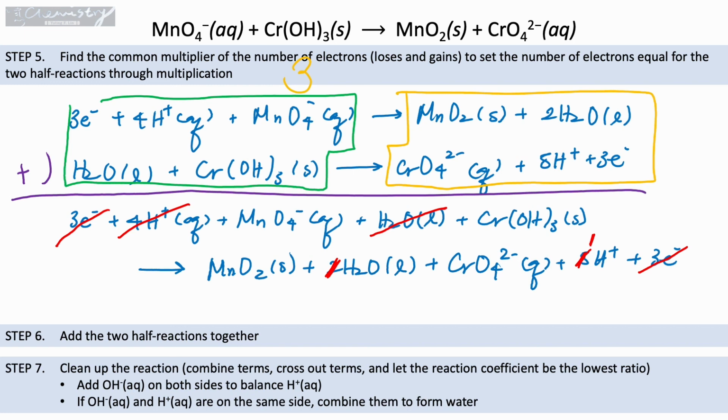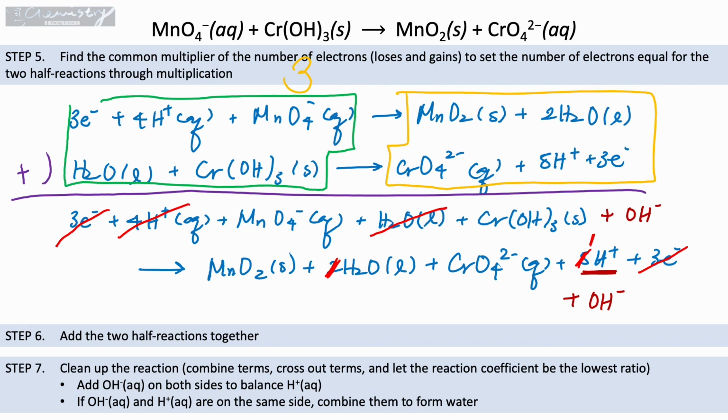And we are going to add OH minus on both sides to balance the H plus. So on the left side, we don't have any H plus, but here we have an H plus, so we're going to add an OH minus to it. And then we are also going to need to add an OH minus on the left side, because if we're going to do it, we are going to do it for both.